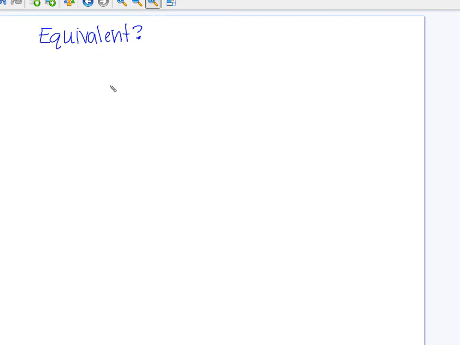Okay, I'll give you expressions and you have to figure out if they are equivalent to each other. We learned in class that we can use our rules, or we can even substitute numbers in for the variables.